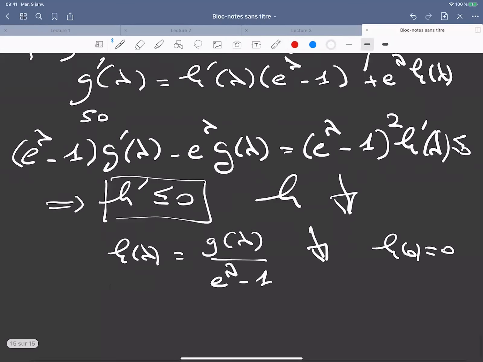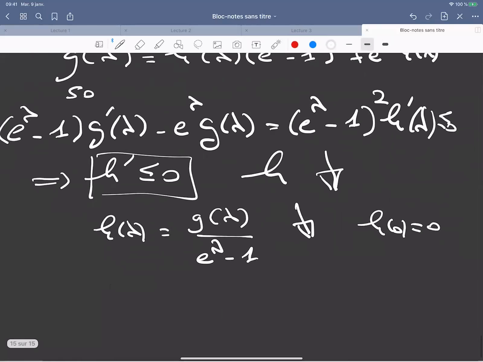And so now the situation is very clear. You have this function which decreases. This means that it is positive for negative values of lambda, and that it is conversely negative for positive values of lambda.